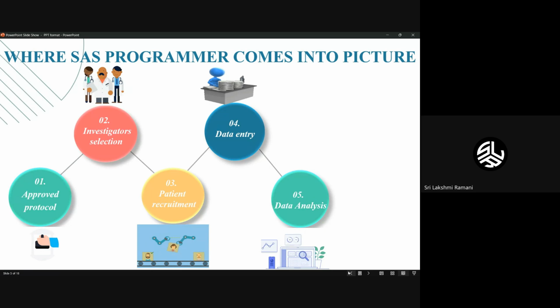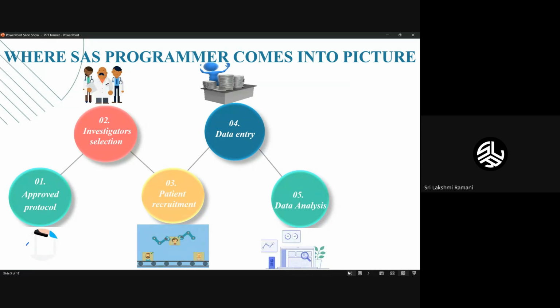So what SAS programmers do is, they'll take all the data from the CDM people, which is called raw data, and they'll try to convert it into figures.